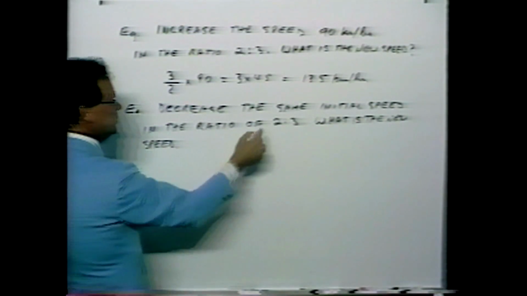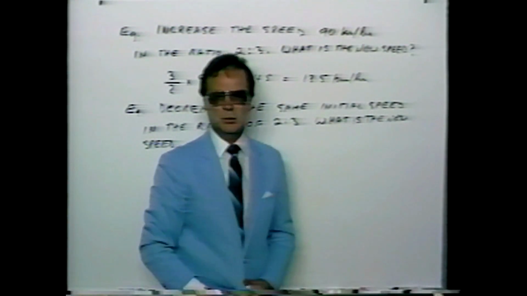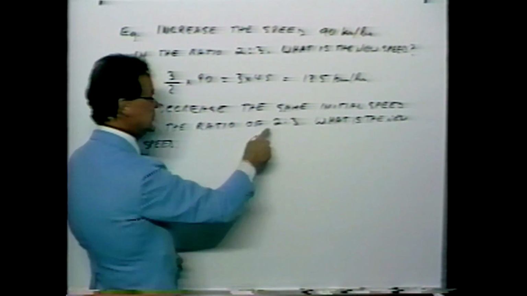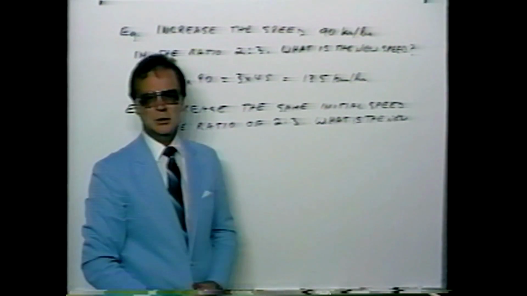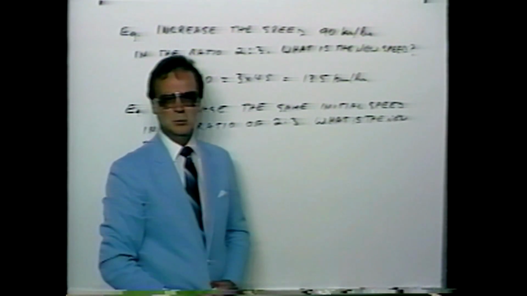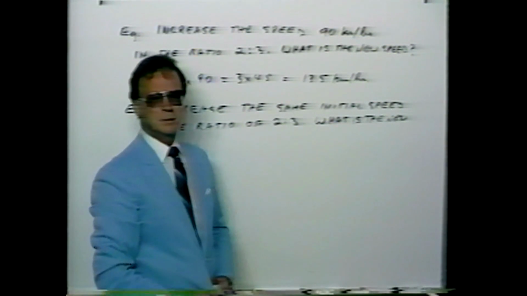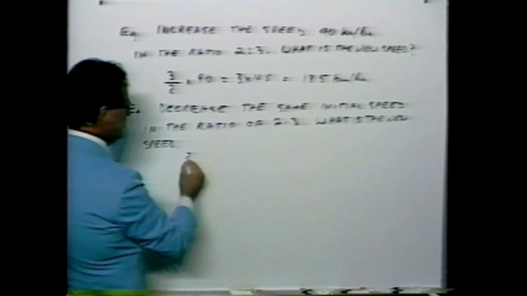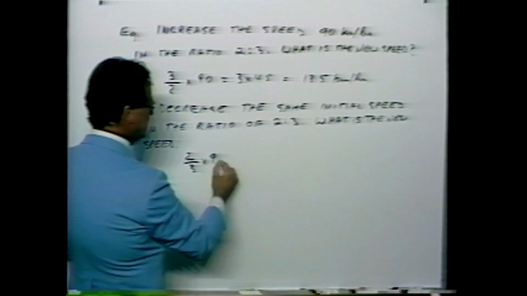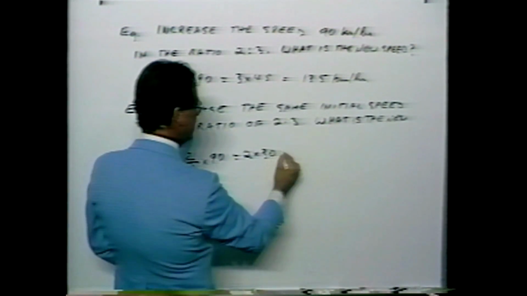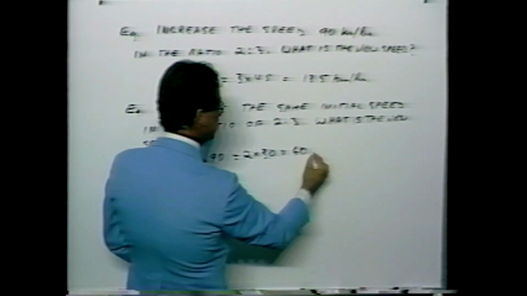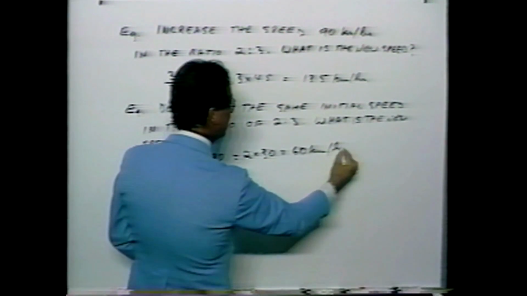If we're going to decrease 90 kilometers per hour and use the ratio 2 to 3, then the ratio must be a fraction with the numerator smaller than the denominator, which makes it 2/3. Consequently, 2/3 times 90 is equal to 2 times 30, which is equal to 60 kilometers per hour.